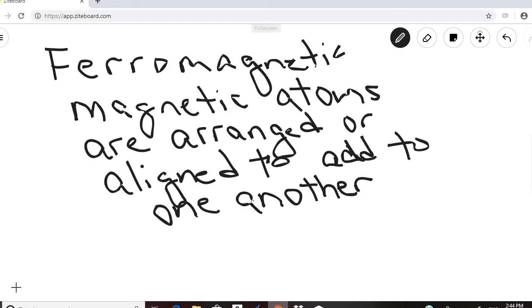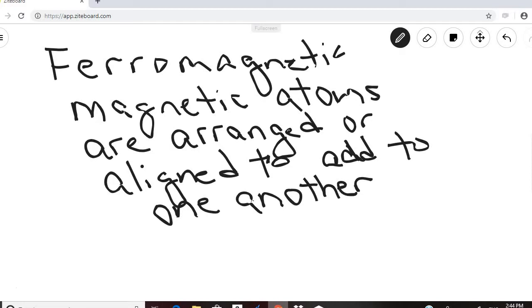So that substance would not hold a charge. But in the situation on the right, you can see that the magnetic fields are all aligned in the same direction. So they will add together and they will tend to stay aligned for a long period of time, even if you remove the magnetic field in which they are placed.